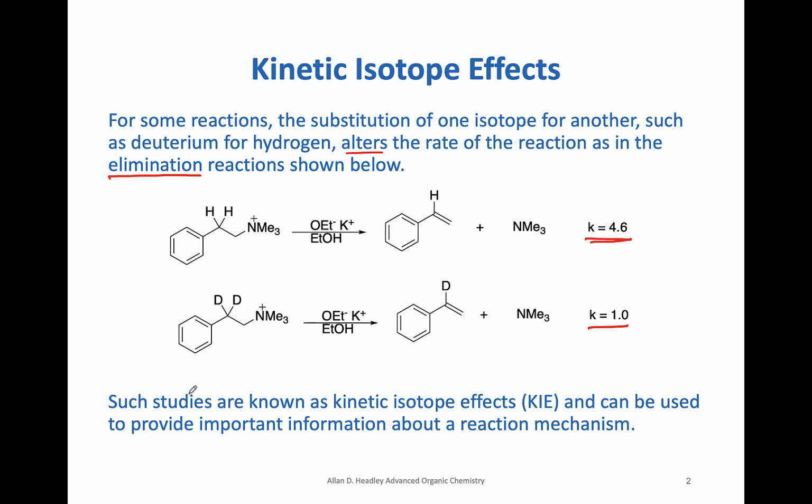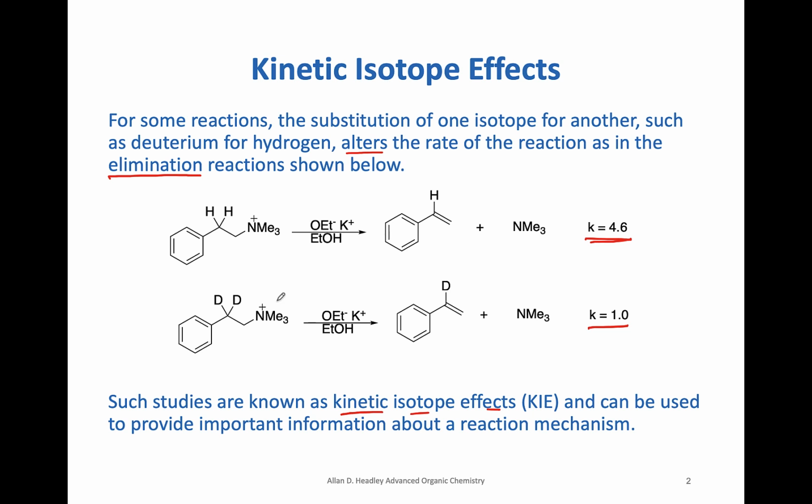Such studies are known as kinetic isotope effect studies. As you can imagine, they are kinetic isotope effects because we're substituting a hydrogen for deuterium, or one for the other, and of course the effects on the overall rate of the reaction. And as we'll see in a second, it's really affecting the rate of the RDS in the reaction mechanism.